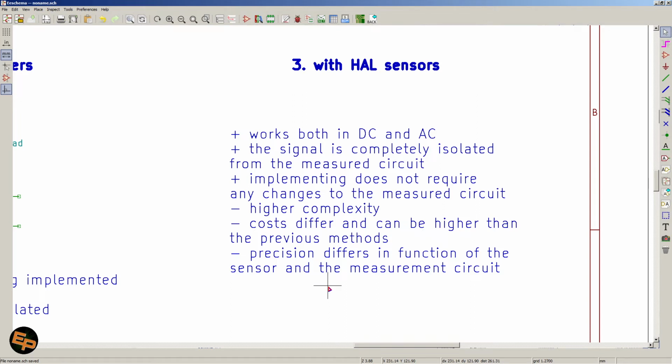And so yeah, costs definitely can differ a lot. Also, depending on the Hall sensor, you might need a different circuit, so higher complexity for more difficult Hall sensors to work with, and also the precision differs in function of the sensor and the measurement circuit.